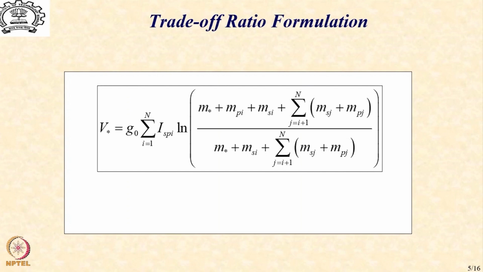It is the ratio of m star, mpi and msi. What you realize is that now this V star we would like to keep invariant while making changes to MSI, MPI and M star. And this is the primary objective of this whole exercise.